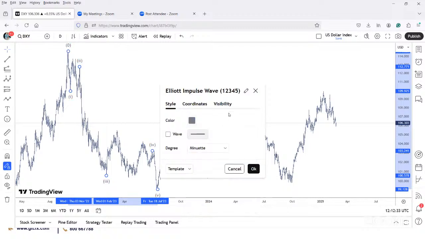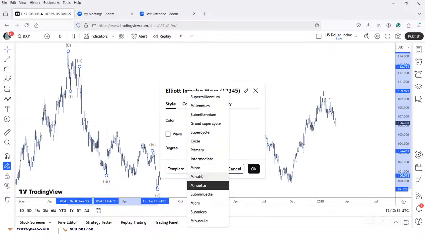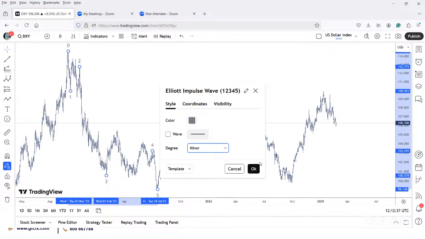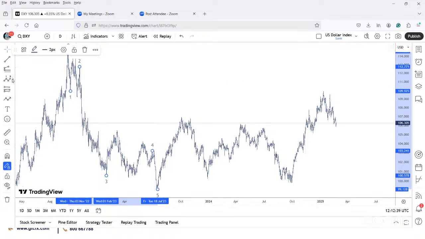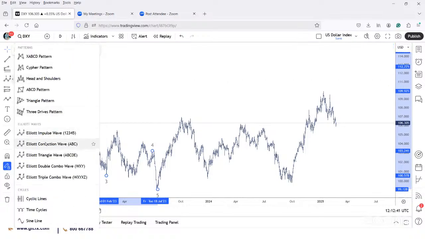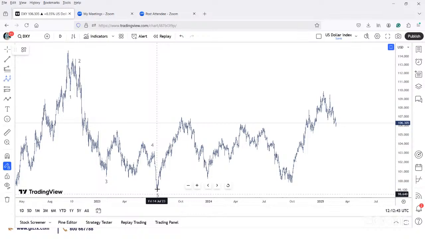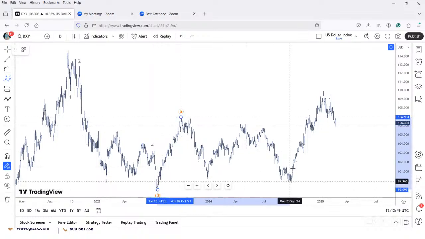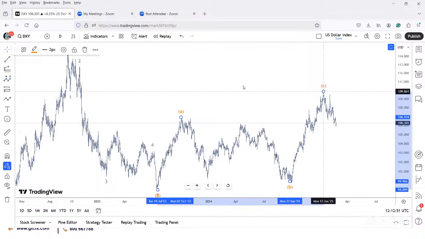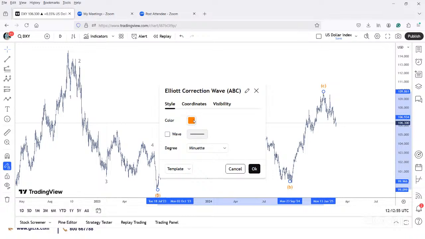And the degree is minor. Since we are on the daily chart, it's a higher degree, which is being followed meticulously by an ABC corrective rally. It has taken a couple of years to materialize, and it's rallied in a very complex format.